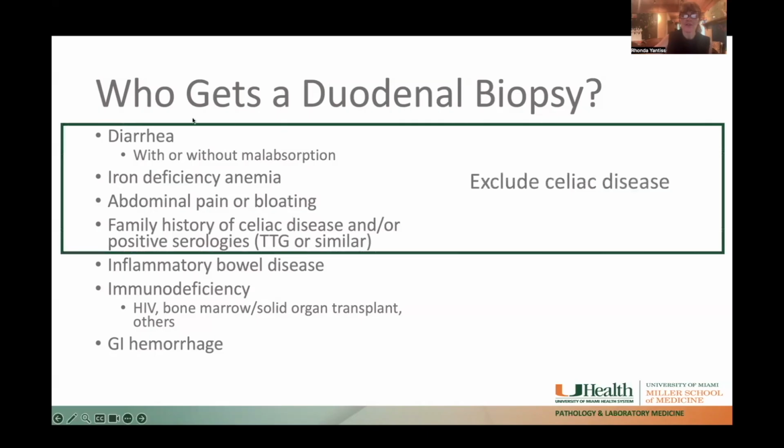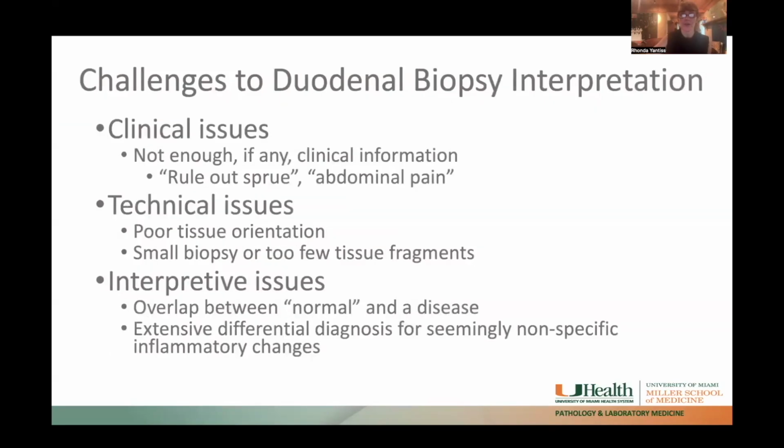Of these, the first few indications are really questions pointing towards the possibility of celiac disease. And so our role is to inform the clinician about the likelihood of this underlying disorder.